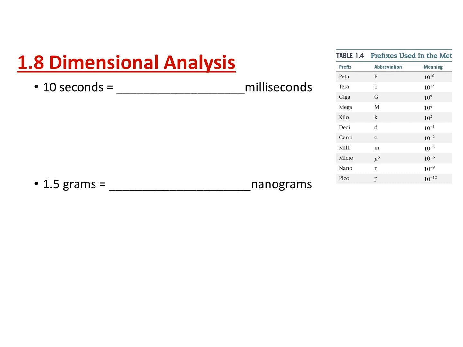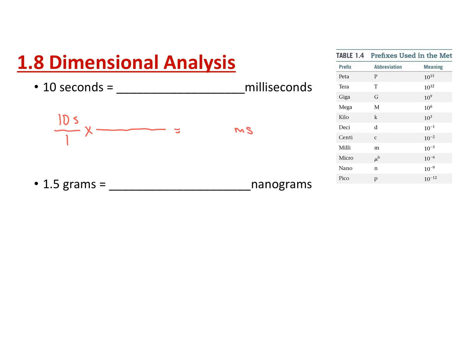So for example, I have 10 seconds, and I want to know how many milliseconds that is. I can do the same thing. I know that I have 10 seconds, and if it helps, you can just put that over 1. I want to multiply by something that gives me an answer in milliseconds.